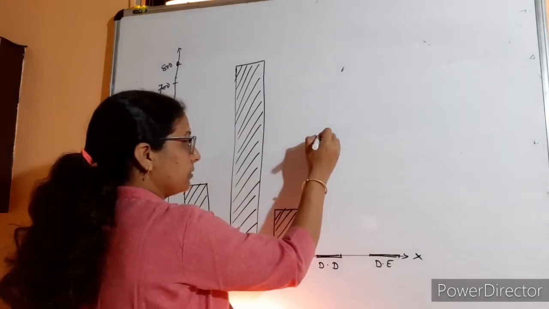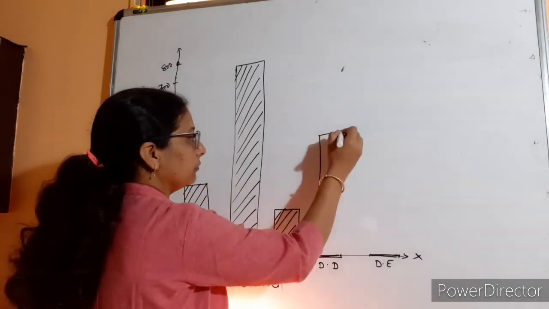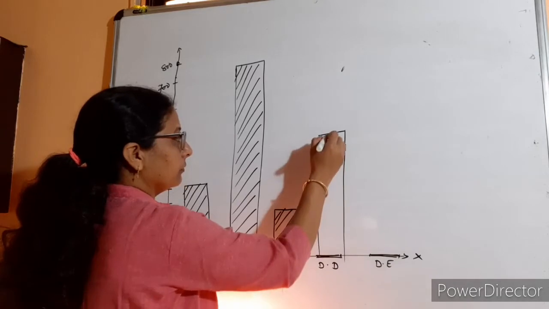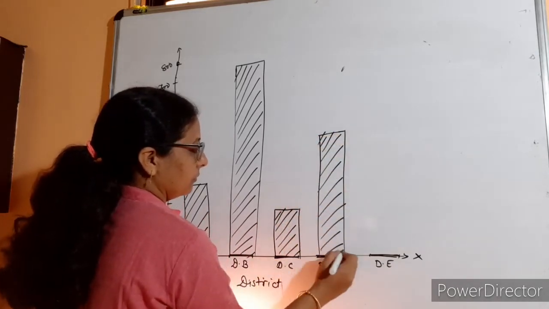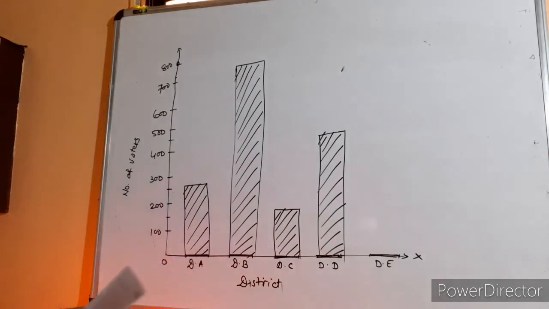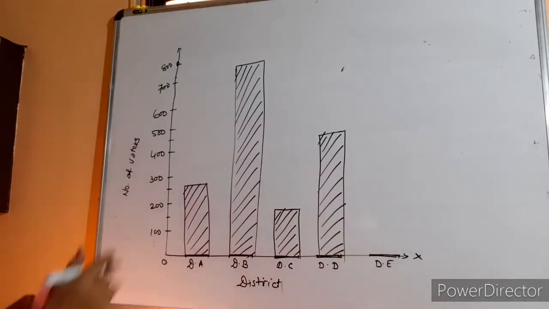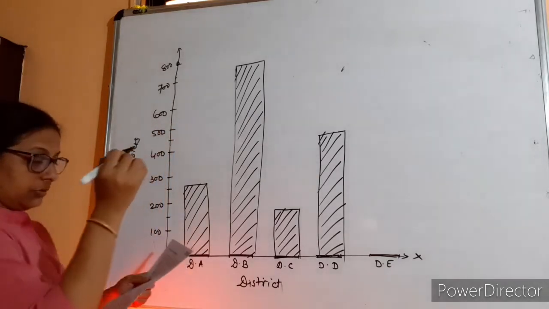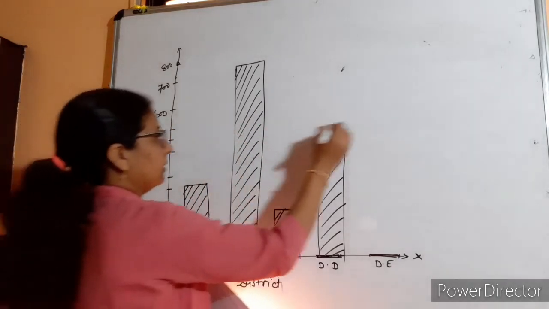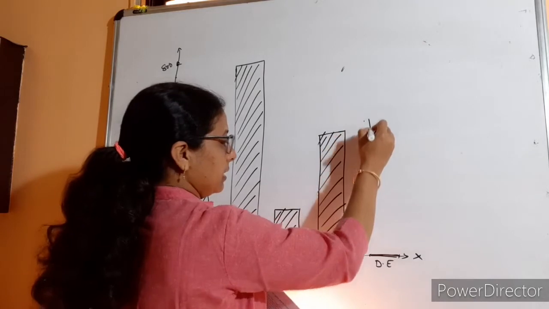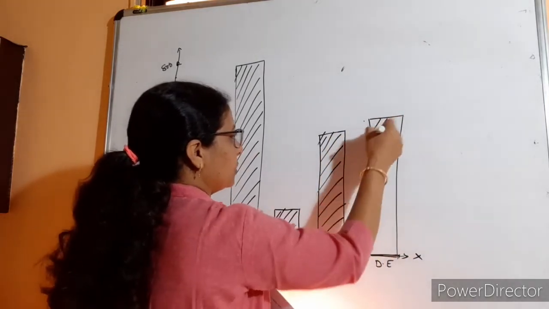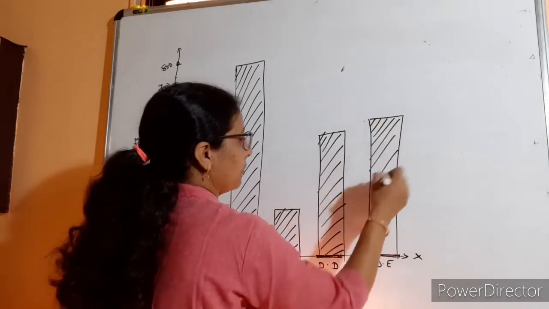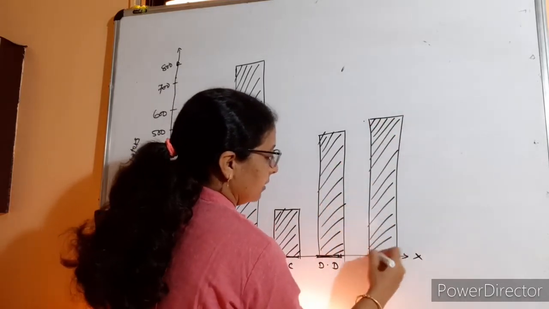Here is district D. Then district E is 450. Above this 450 district is there. So district E is most probably 475 or 480 you can take.